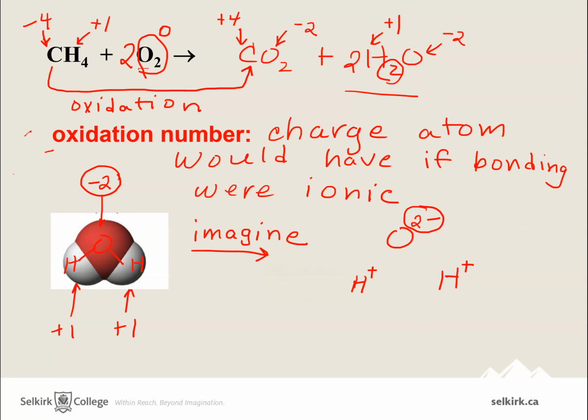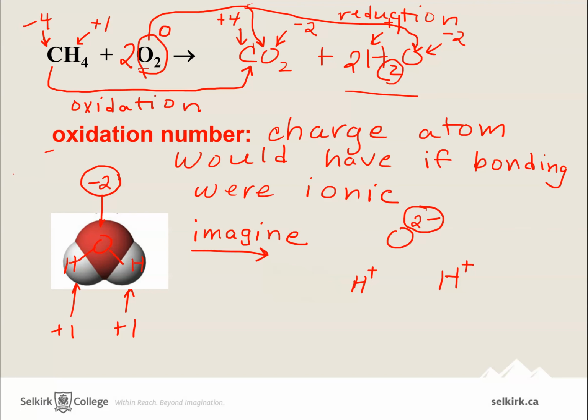Oxygen 0 goes to oxygen -2. It got more negative. It gained negative electrons, and gain of electrons is reduction. So there we go. We've got a new way to define a redox reaction: a change in oxidation number.